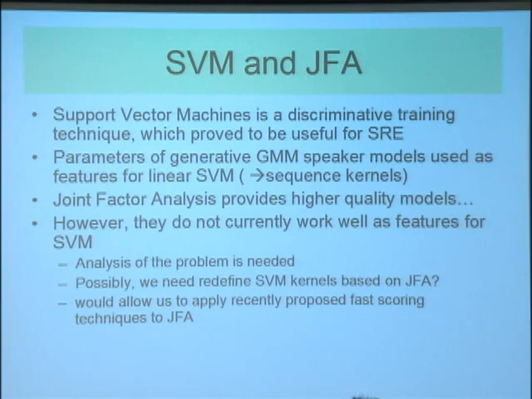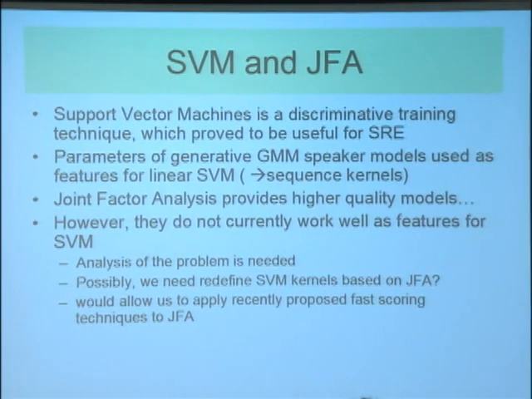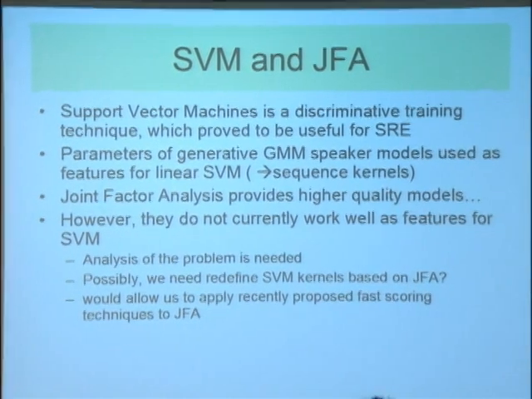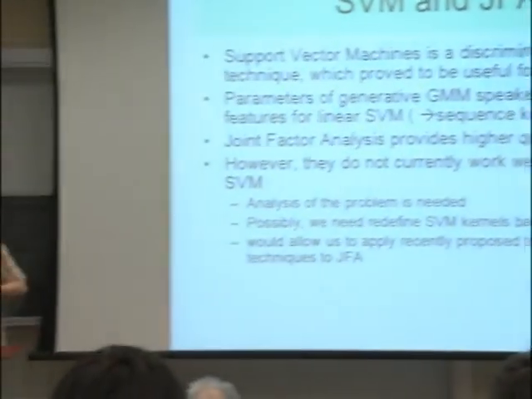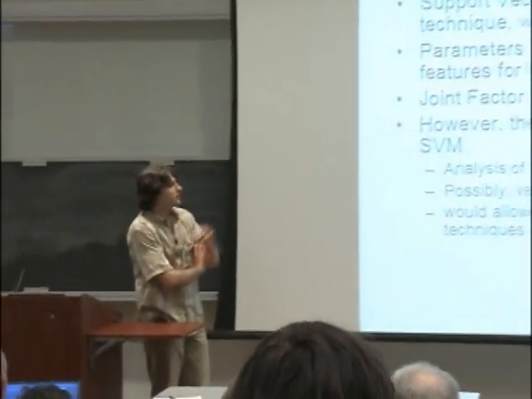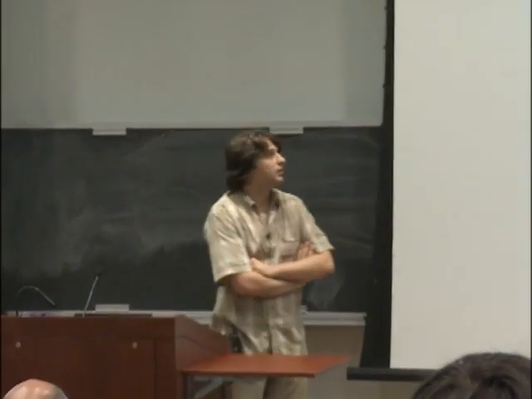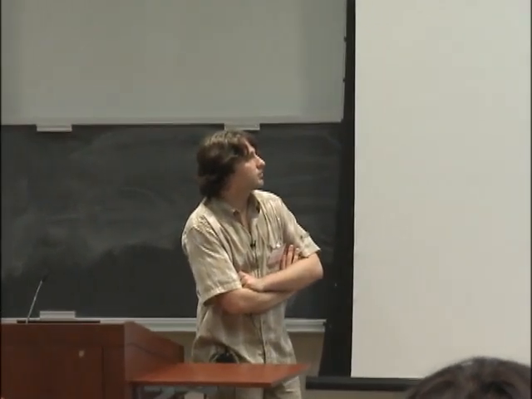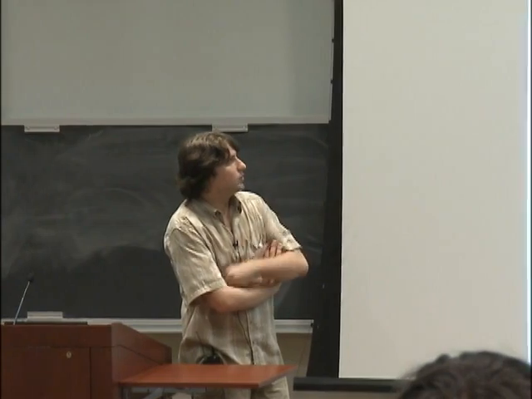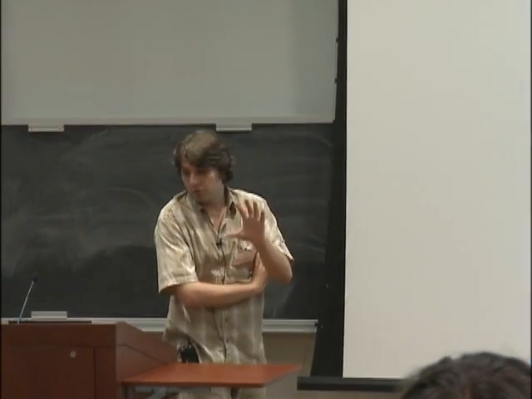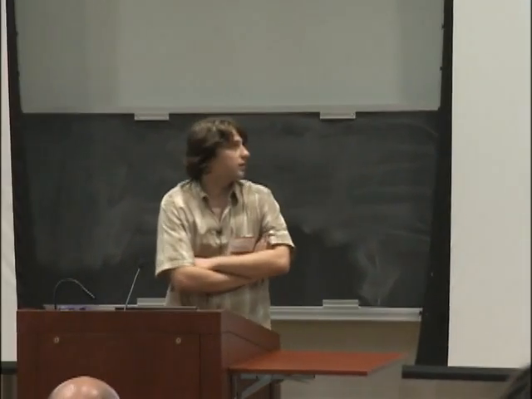But actually, now we have the factor analysis model. When I say factor analysis model, I mean the factor analysis model considering both the speaker subspace and channel subspace. Some of the people, or we, used some simplification of factor analysis model before. So if I say factor analysis, I mean the full factor analysis model that provides the state-of-the-art performance.